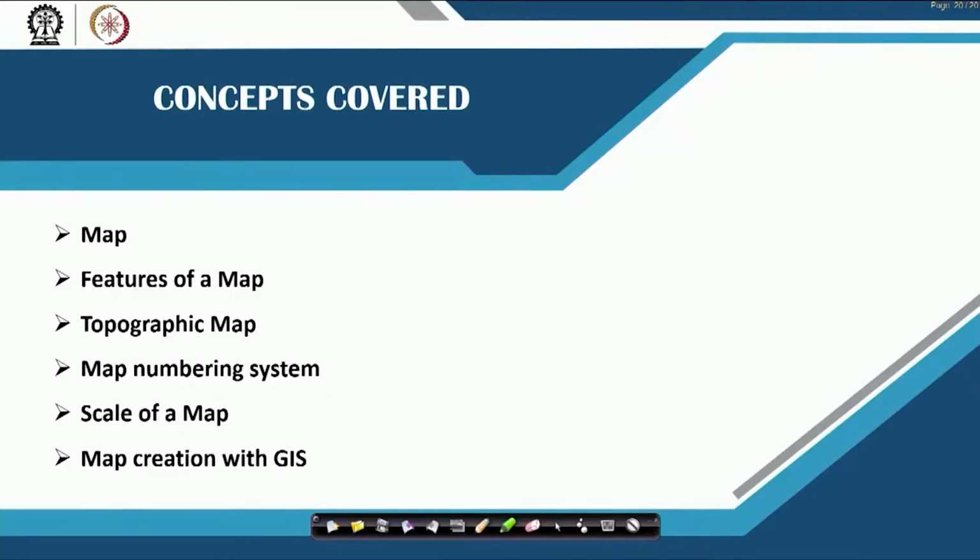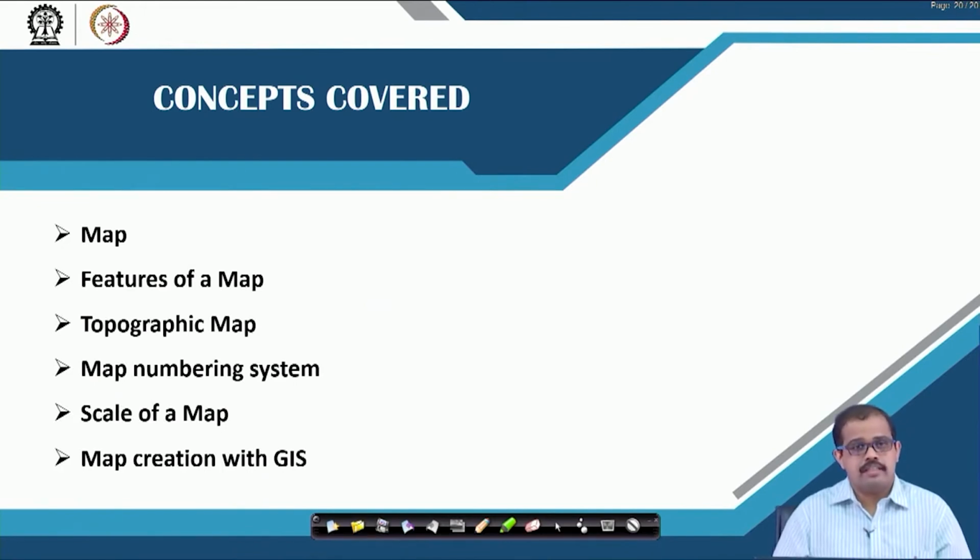The first thing is what is a map, then features of a map, then what do you mean by a topographic map, then the very important thing, the map numbering system. India and adjacent countries is the convention that we use for the Indian map numbering system, which we will look at in this lecture.